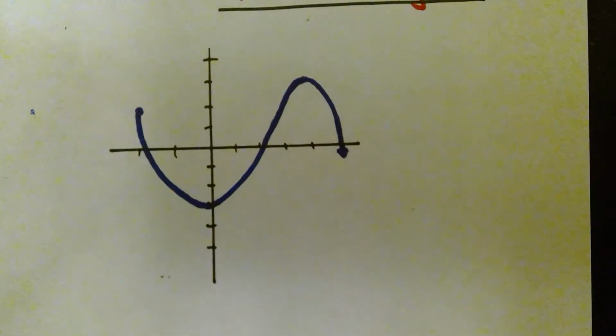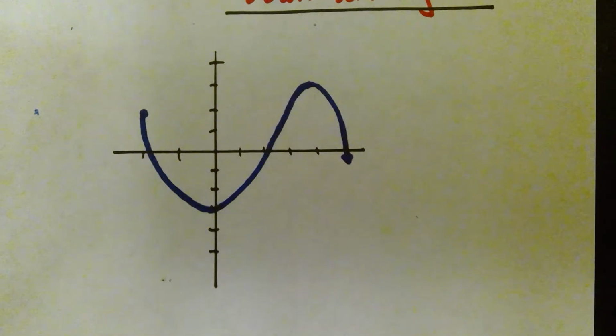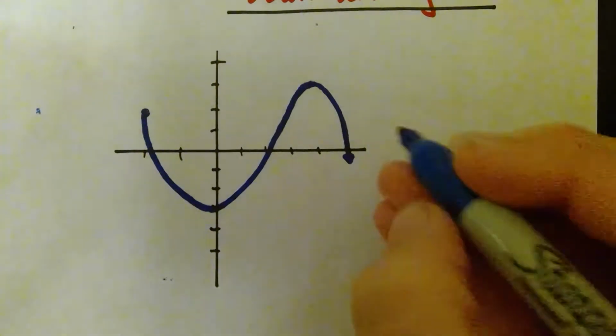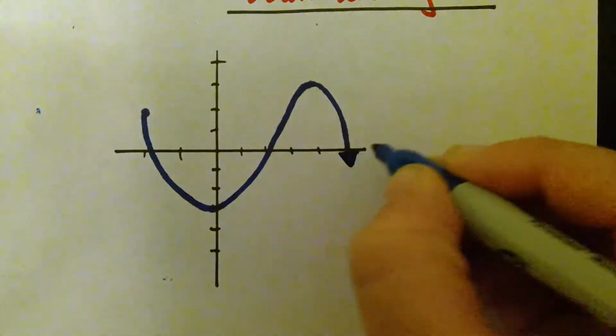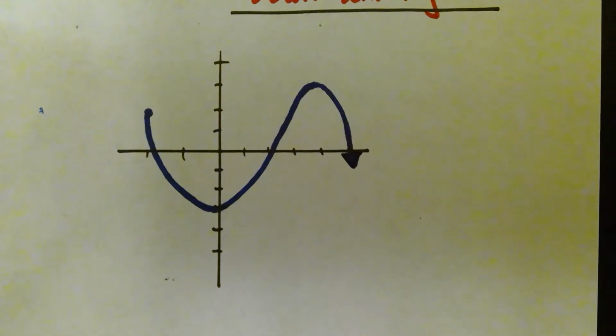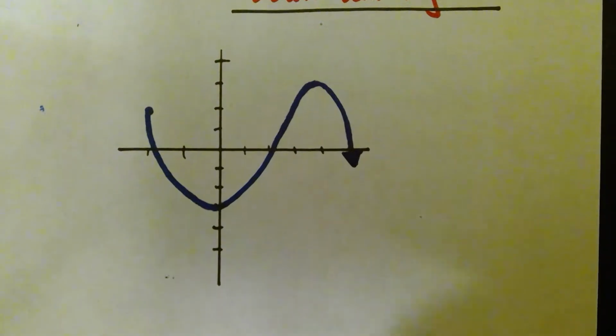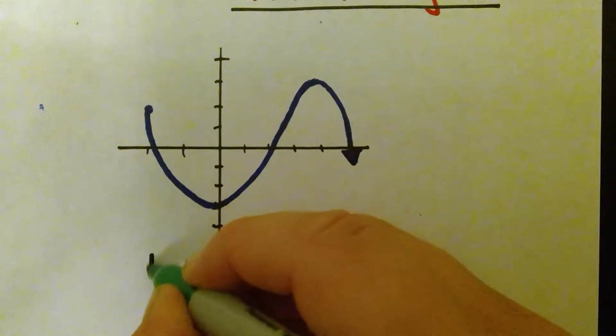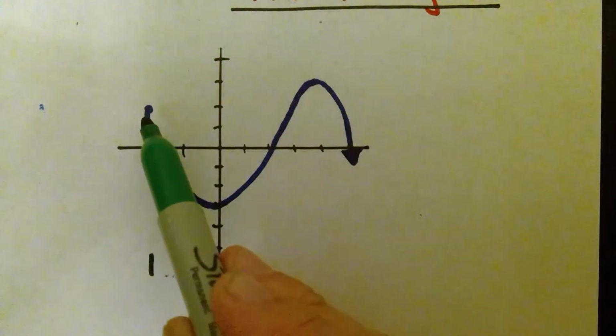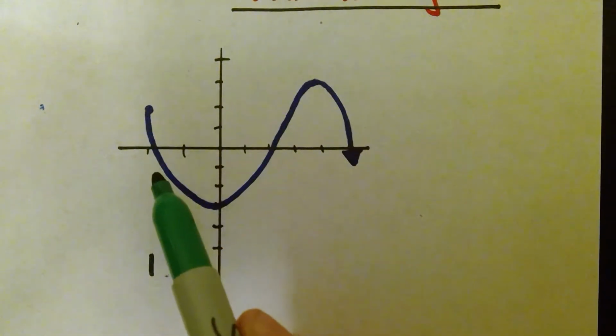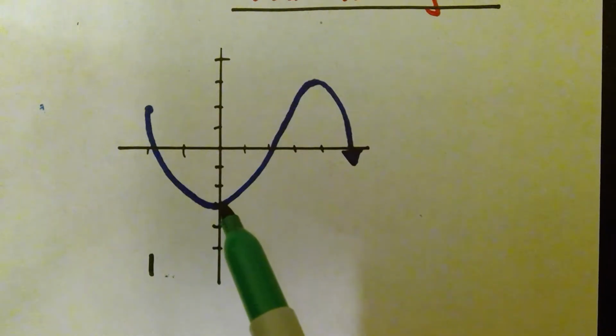So here's our example. Now I'm going to track this graph as we go along from left to right. I just want to emphasize this is an arrow on the end here. Okay, so here we go. We're going to start right here. Now as I follow the graph, it's going down. It's decreasing, decreasing, decreasing, decreasing.